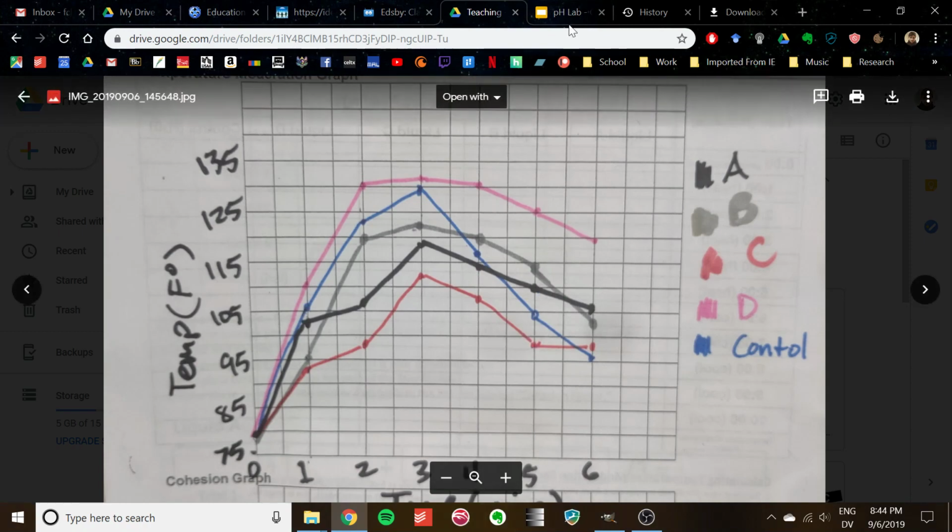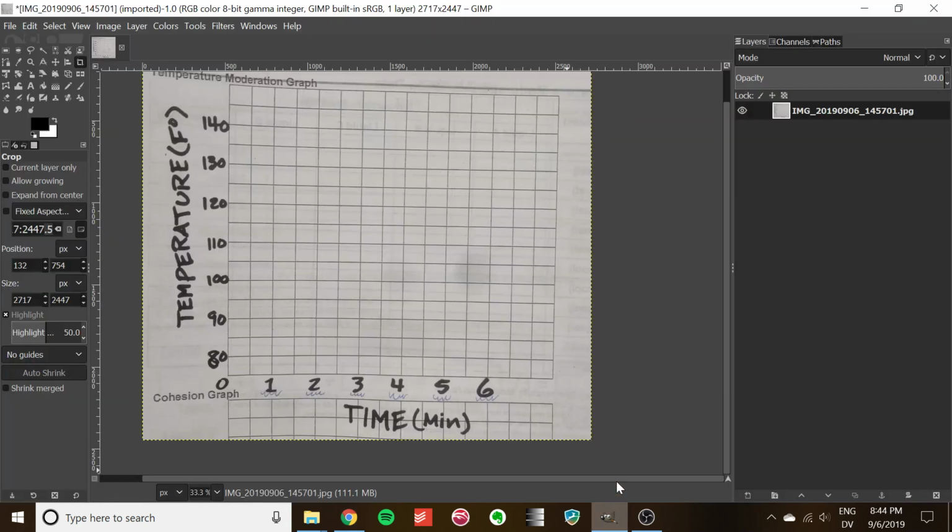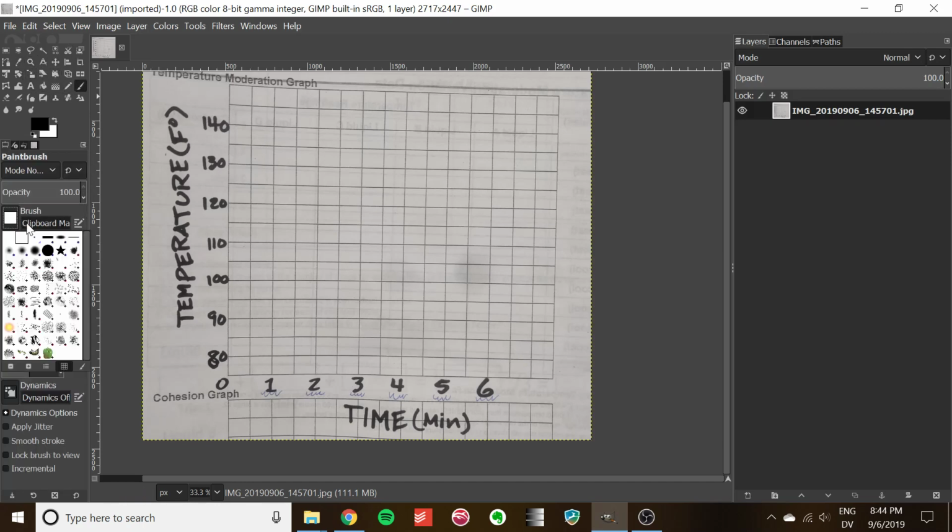So, moving back to our data, we look at it and say, all right, let's do liquid C. I'll do liquid C for you. Or no, I gave you guys liquid A. I'll do liquid A again. So, liquid A, what's the color for liquid A going to be? Let's go ahead and get a little brush in here. How do I change colors?